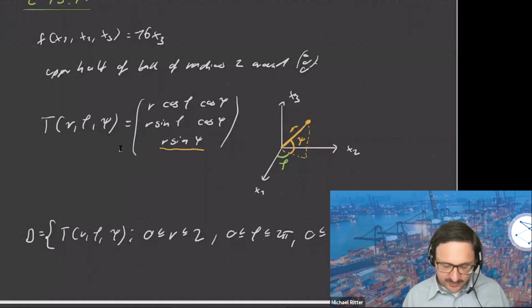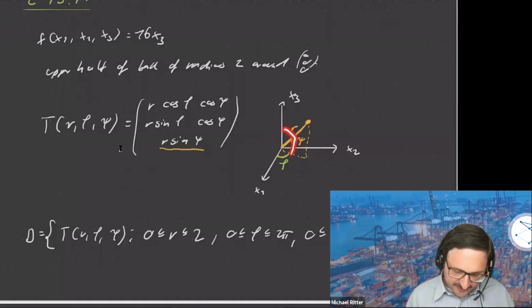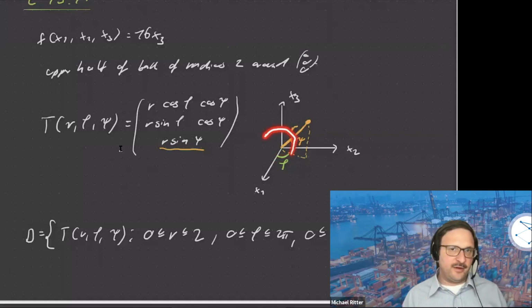If you would make psi vary between 0 and pi, going over here, then for points in that area here, there would be more than one possibility to express them. You could either say, I'm taking this psi here, and then rotate by phi to get in that area. Or you could say, I'm taking this phi, and I stretch the psi long enough to get over there.